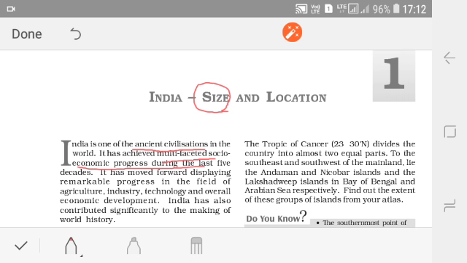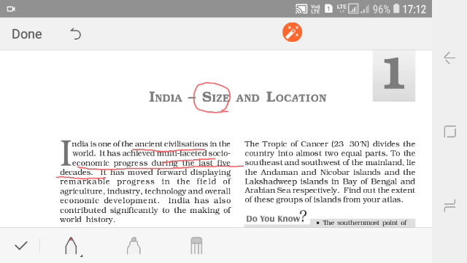Decades means one decade is equal to 10 years, 5 decades means 50 years. Then economic progress has also taken place. That's why the economy of India has developed, and the per capita income, this word will be clear later on, has grown.